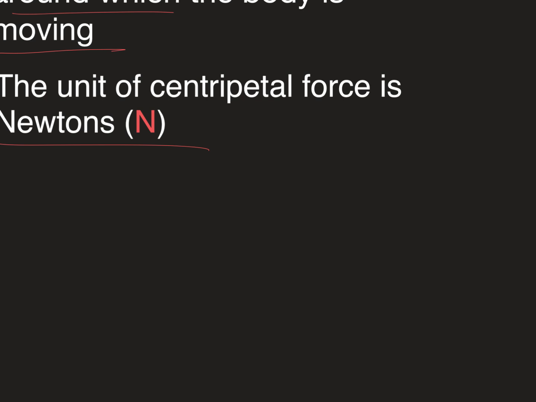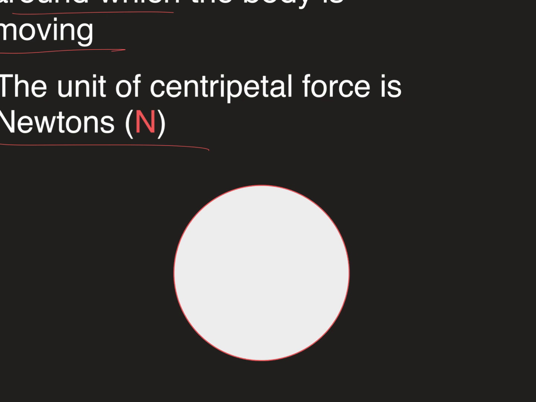We have talked about that previously. To remind ourselves again, if you have a circle, let's say the position of the body is here, and this is the center of the circle, the centripetal force is always going to act towards the center of the circle.